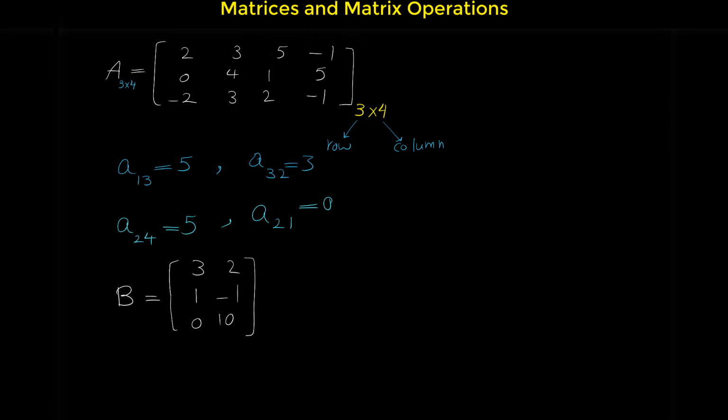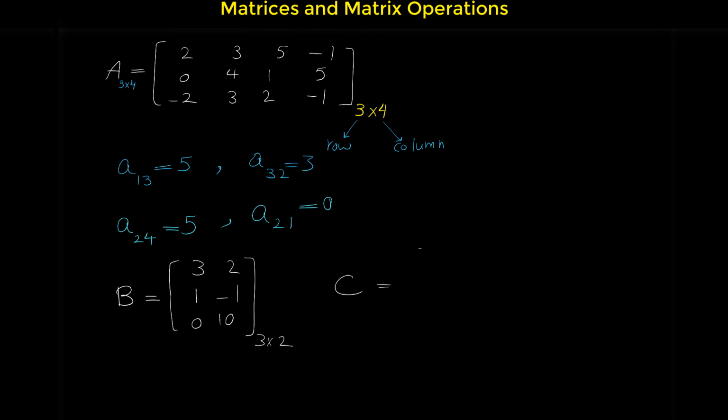This matrix, what is the size of this matrix? Whenever you look at the matrix, immediately figure out the size of the matrix because it's important. This matrix is a 3 by 2 matrix because we have 3 rows and 2 columns.